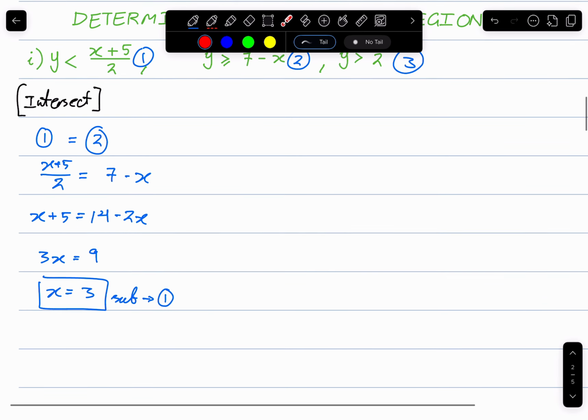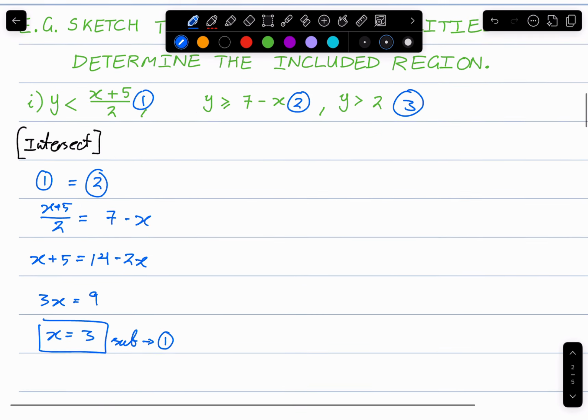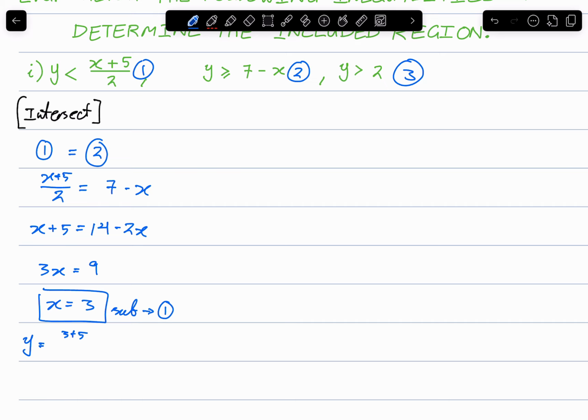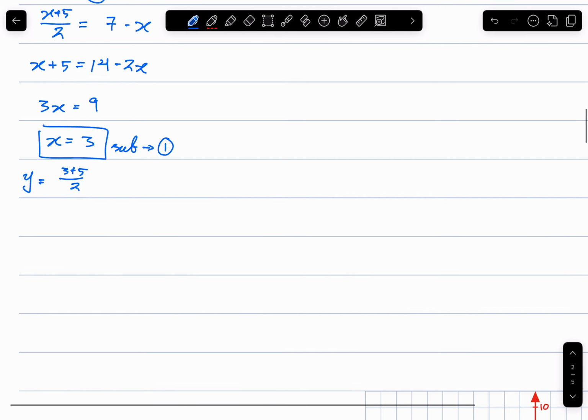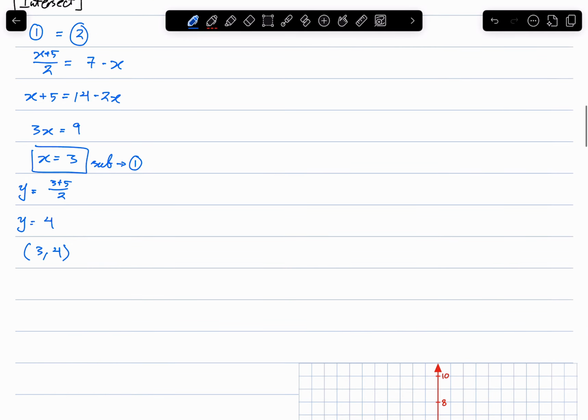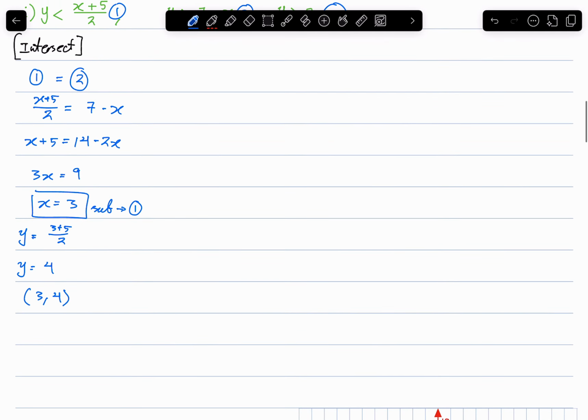So I'm going to substitute it into number 1, which will give me y equals (3 plus 5) on 2. I get y equals 8 on 2, which is 4. So (3, 4) is my first point of intersection.